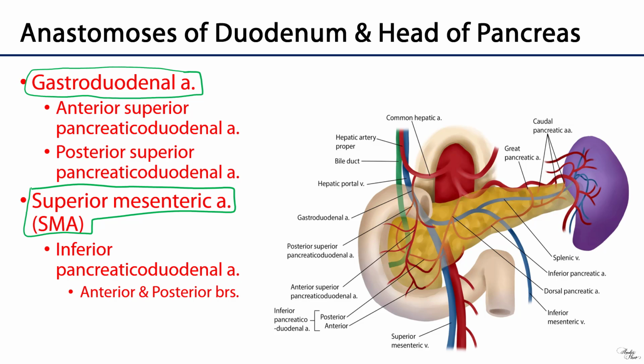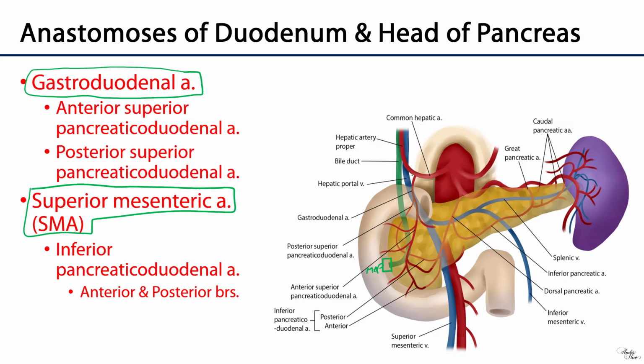Keeping in mind that the foregut and the midgut divide at the major duodenal papilla, the MAP. So it's natural that this region, which is transitional between foregut and midgut, is going to see some sharing of blood between the celiac trunk and the SMA. So let's look at these together.